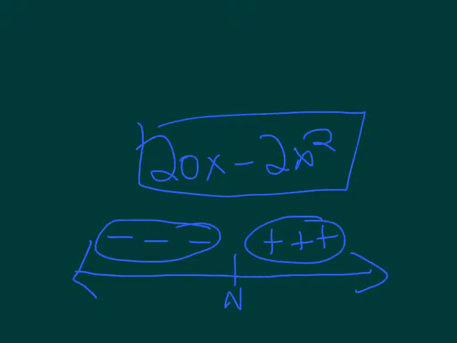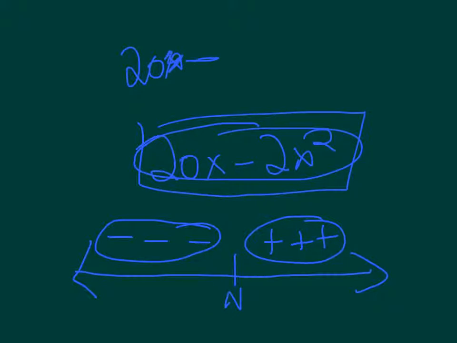Now, how does this all relate? Well, when you find the derivative of this problem, you're left with 20 minus 4x. If you make this equal to 0, you're finding this point. You're finding n, or the critical point.